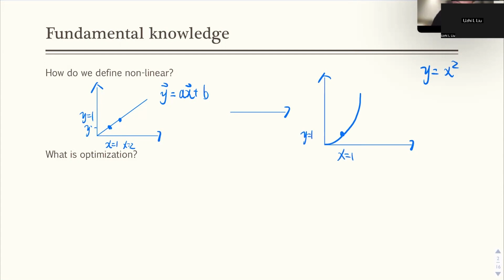However, when we take this point, which is y equals 2 and x equals the square root of 2, we can see the square root of 2 is strictly smaller than 2. That is, y increased by 1 unit, but x does not increase by the same unit, so it doesn't follow the same increment pattern. So this is basically nonlinear.